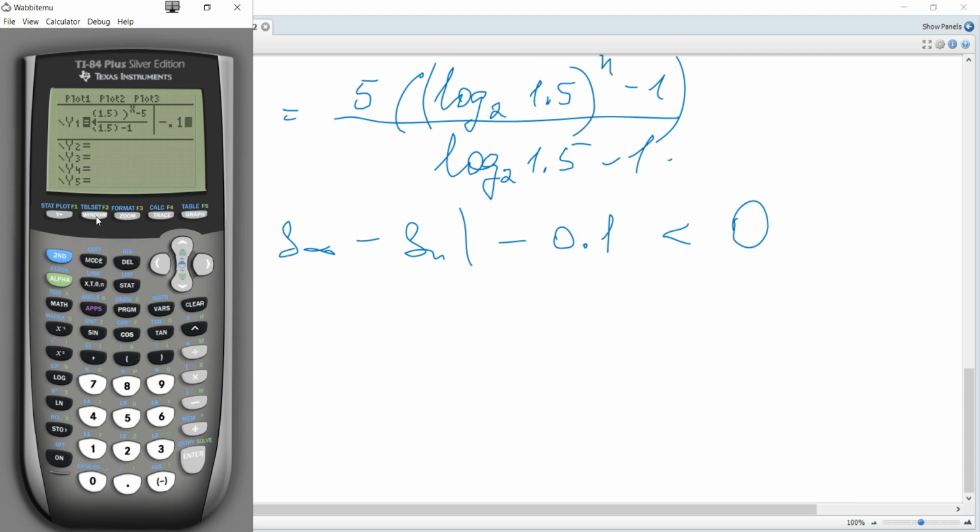Then the window: since we need the x-intercept with 0, it may be from some negative y value to some positive y value, and choose some x values. Definitely x should be positive, and graph. We need this point of intersection with the x-axis.